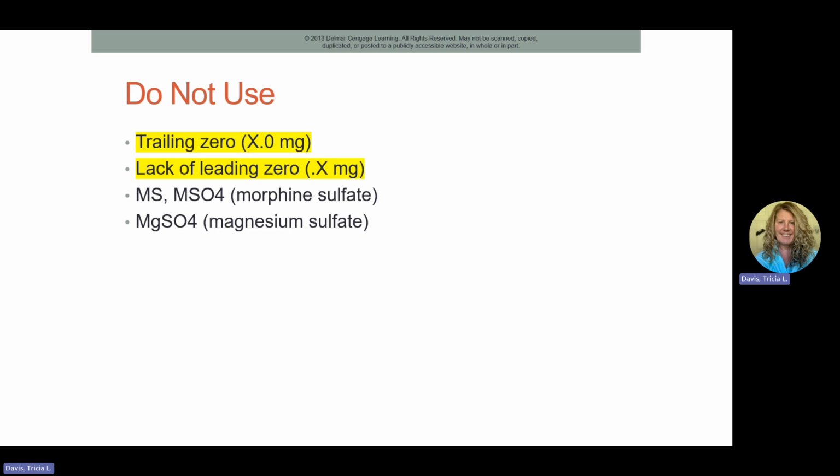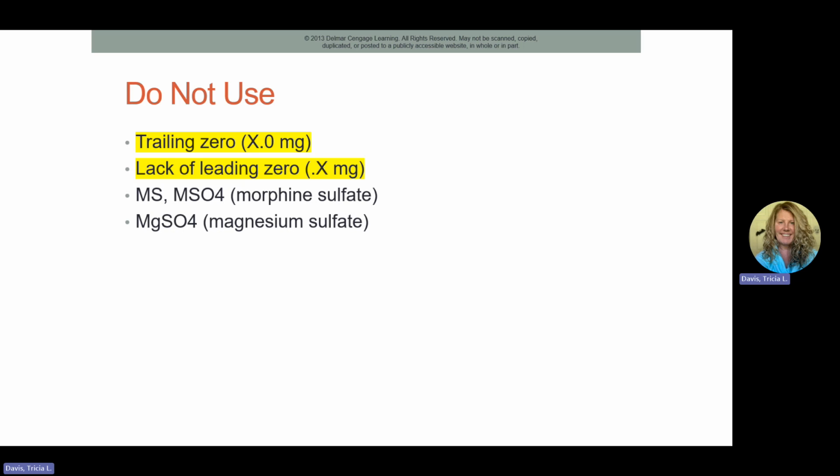So we never put a trailing 0, but we always have to put a leading 0. So if we're giving 0.5 of a medication, we would always put 0.5, okay? Because again, if we don't have that decimal point clear for everyone to see, then somebody might think it's 5 milligrams instead of 0.5 milligrams.